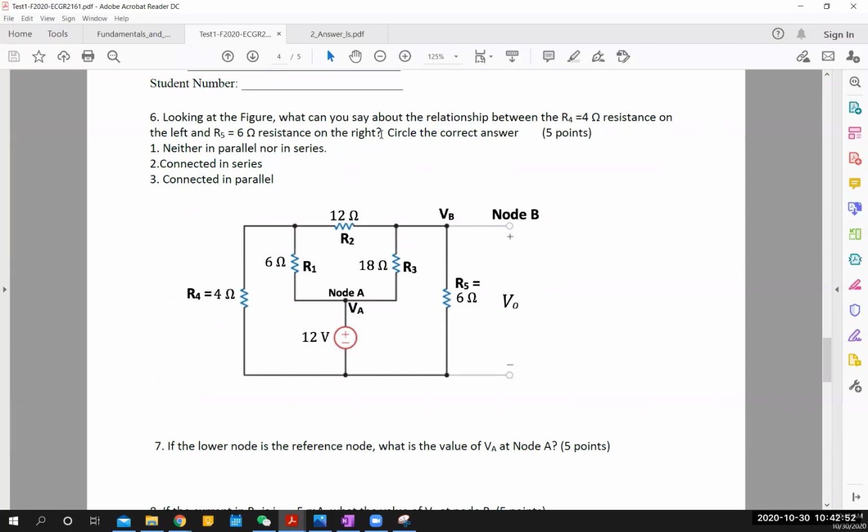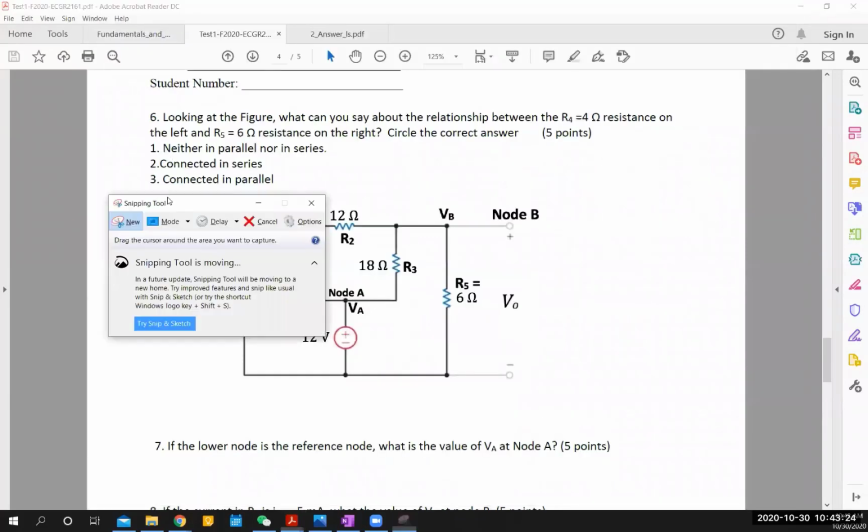Looking at the figure, what can you say about the relationship between R4 and R5? So where is R4? R4 is right here and R5 is right here. So these two elements obviously are not in series and they are not in parallel because they do not share common nodes.